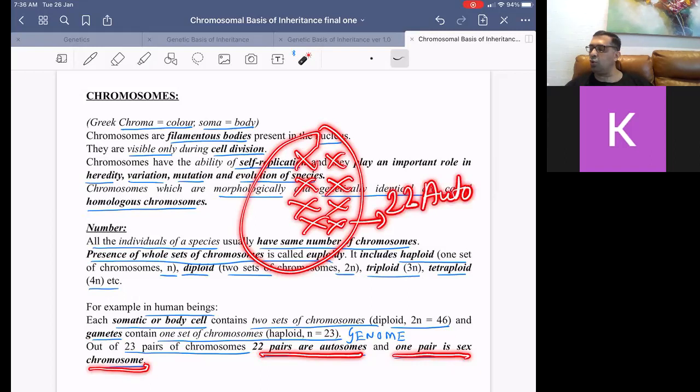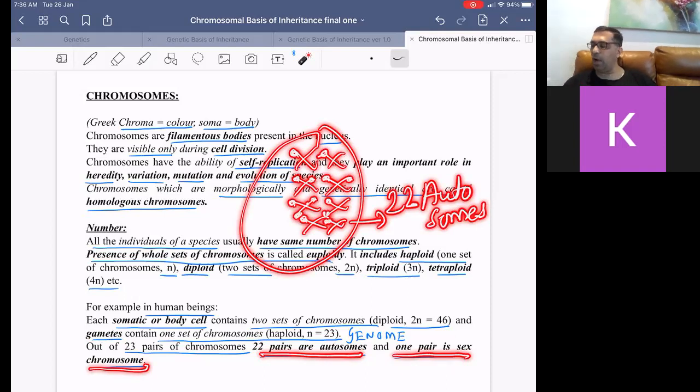Autosomes, or somatic chromosomes, have on them genes for heart, liver, lungs, mouth, eye, color of hair, color of skin, and height.